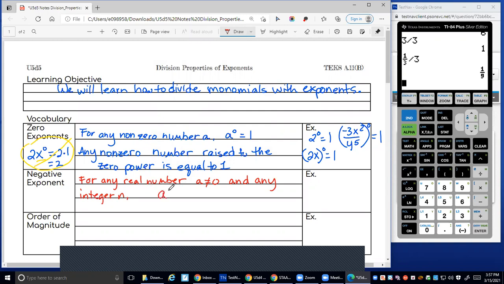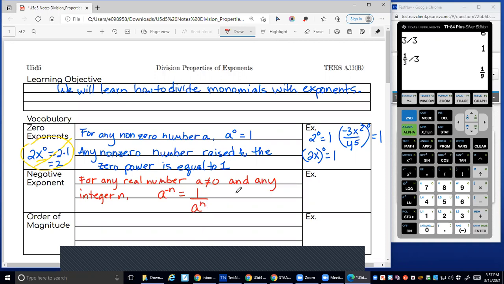If you have a to the power of negative n, basically, you just take it from being in the numerator, put it down in the denominator. And so, yeah, that 1 is kind of a placeholder. And you have a to the power of n. So we make it positive, okay?